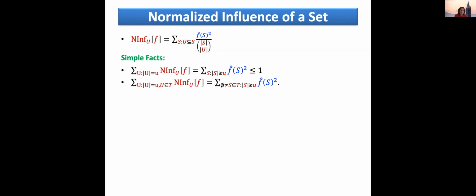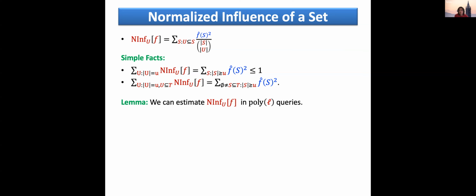And if you sum over the normalized influences of sets of a certain size within T, which we're thinking of as our special set, this is equal to the sum of the Fourier coefficients within T for sets of at least size u.